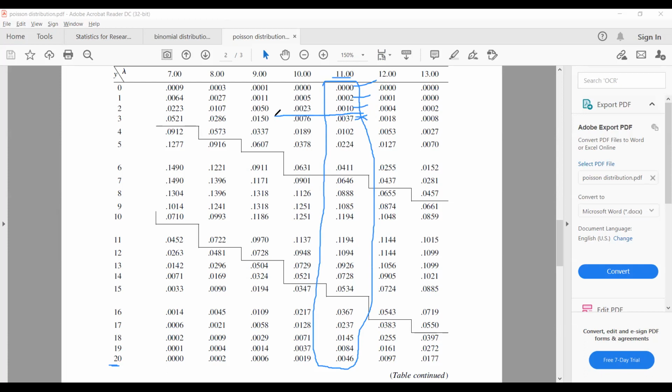Kasama pa ba o hindi na? Hindi na po, sir. 0.002 plus 0.010 is 0.012, plus 0.037. Equal na ba to sa or mas mataas na ba sa 0.025? Pag sinama po yung 0.037, mas mataas na po.